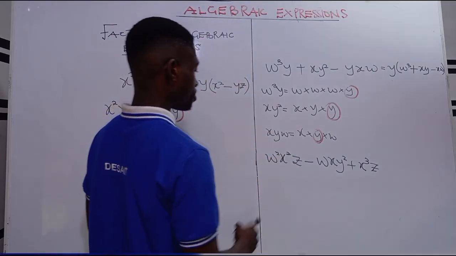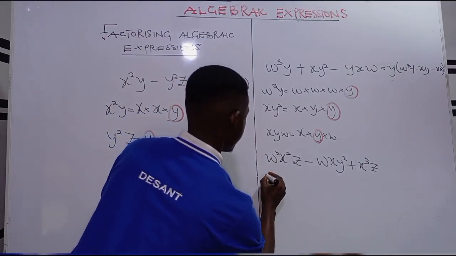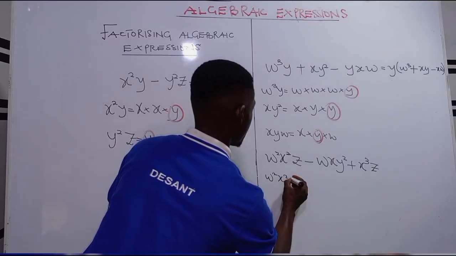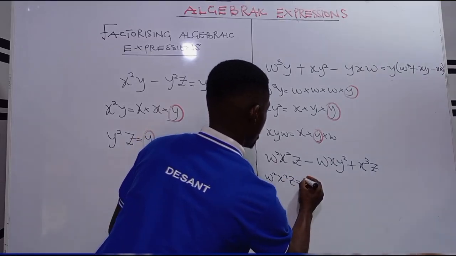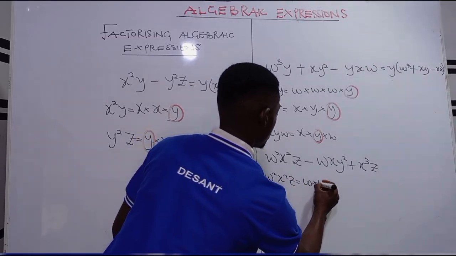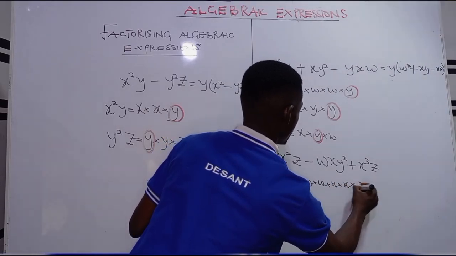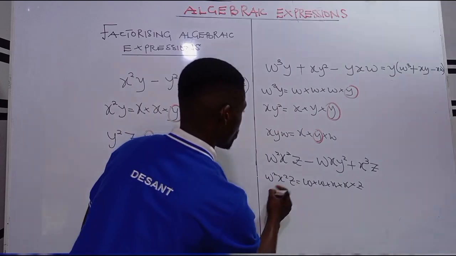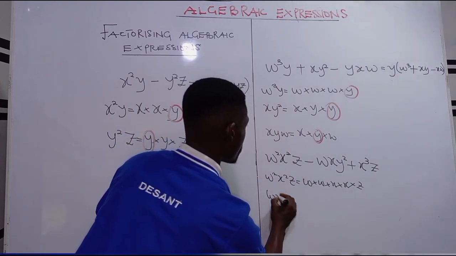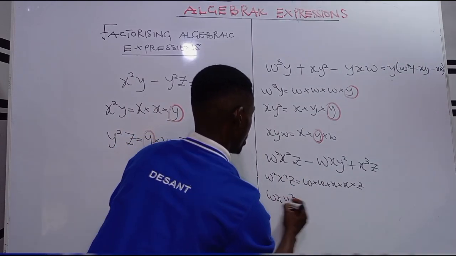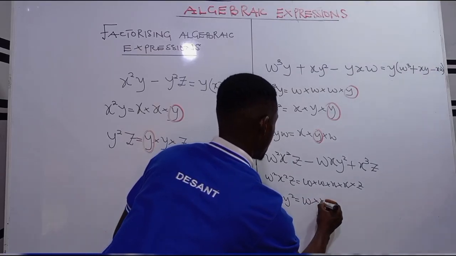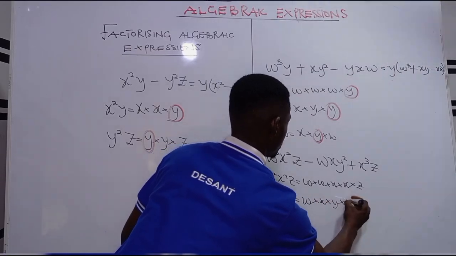So we have w squared x squared z. The factors: w times w times x times x times z. With w x y squared, we have w times x times y times y.